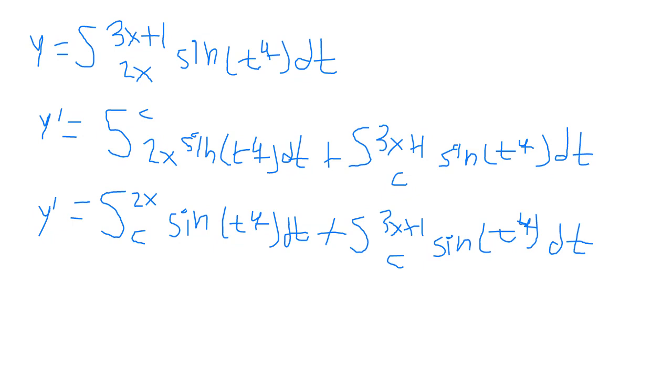And then from here, all I did was take the derivative. Wait, I forgot the negative right here. Let me ask a question. Oh yeah, right, you forgot the negative sign.